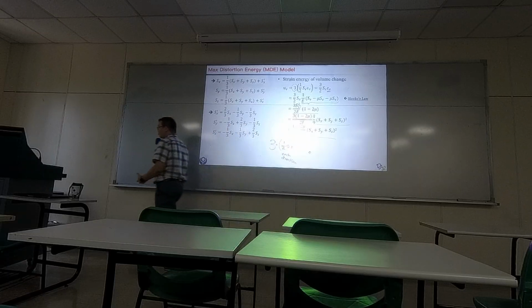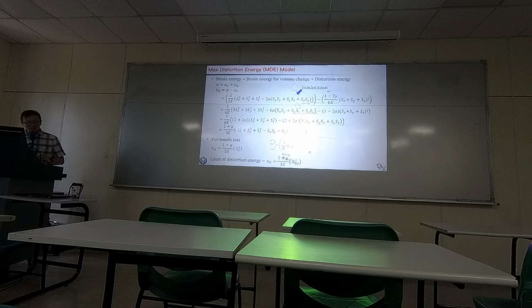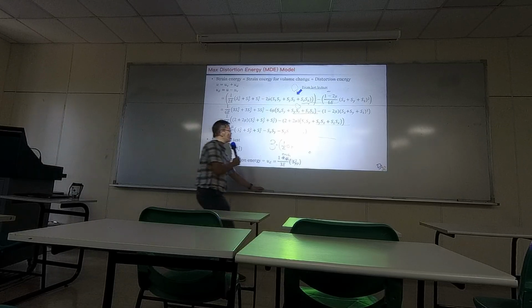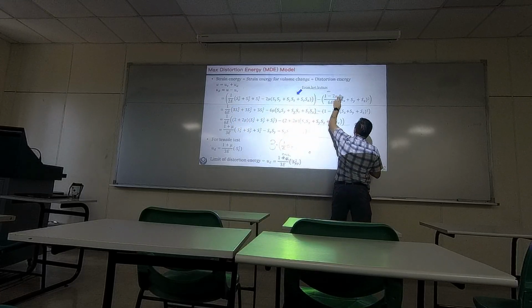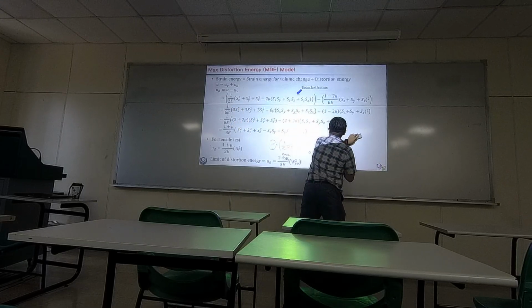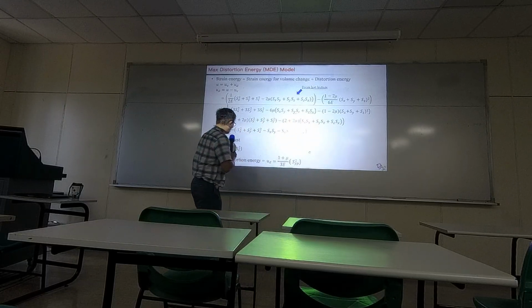So why do we compute this? Like I said, we actually want to compute the distortion energy. So how do you compute the distortion energy? You use U minus UV.